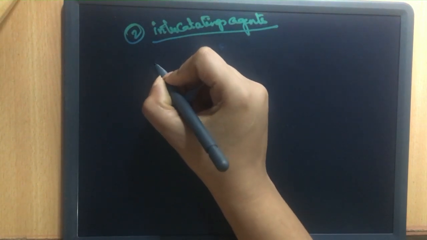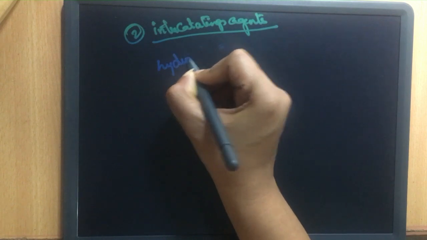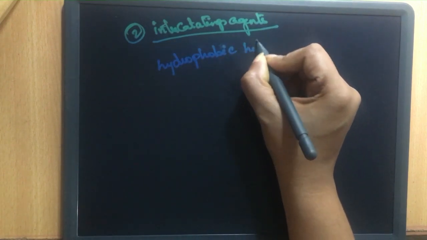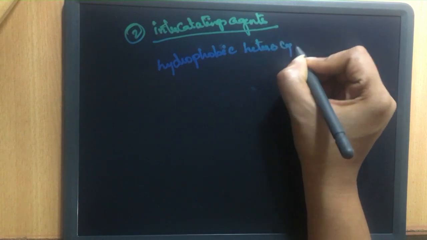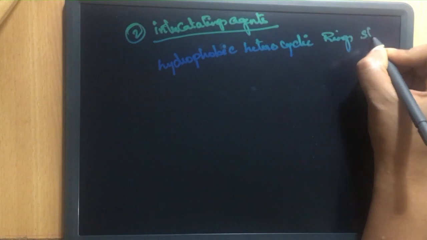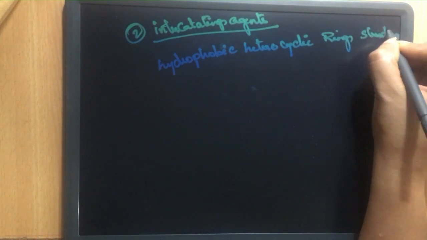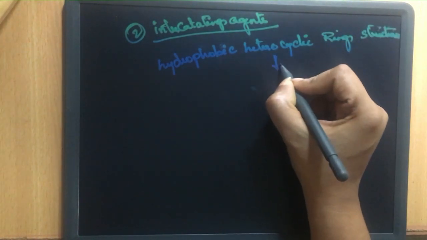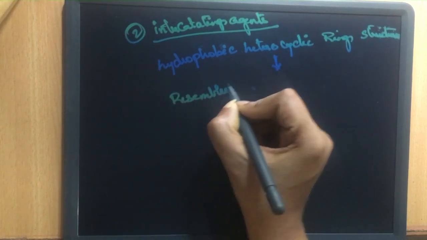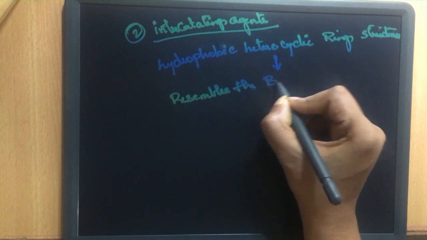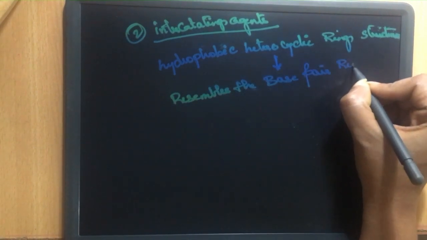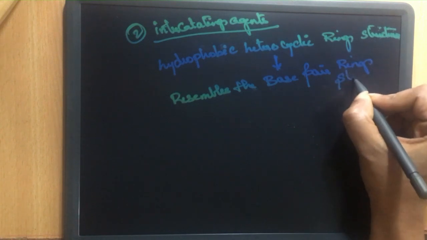These are the agents which have hydrophobic, heterocyclic ring structures. These structures resemble the base pairing ring structures.